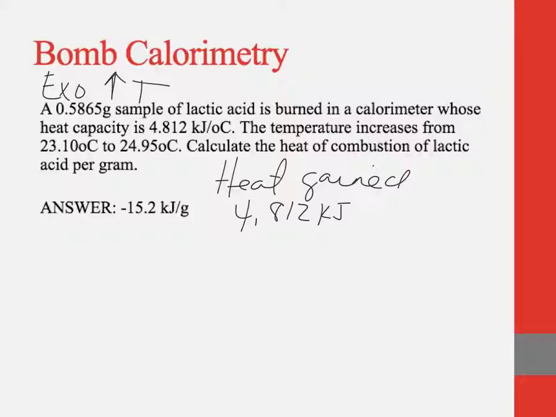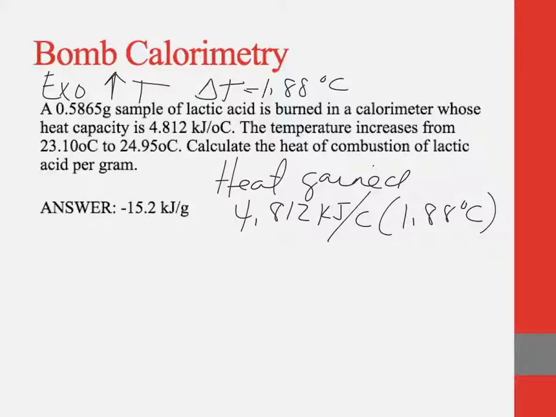times our delta T, which is 1.88 degrees Celsius. That's going to give us, and this has got to be negative, at least 8.9 kilojoules.